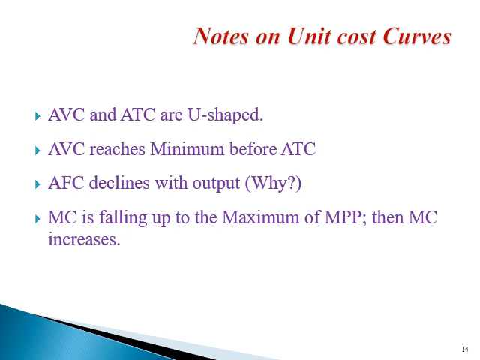These rules are very similar to the rules when we talked about marginal physical product reaching a maximum at the inflection point on the total physical product or production function. When marginal physical product is increasing, output or total physical product is increasing at an increasing rate. When marginal physical product declines, output increases at a decreasing rate.